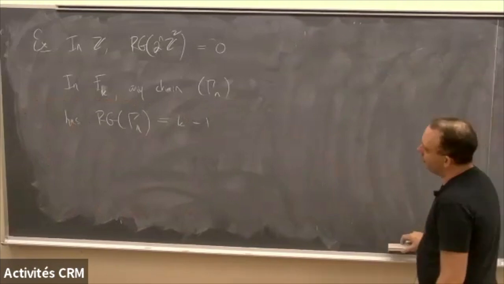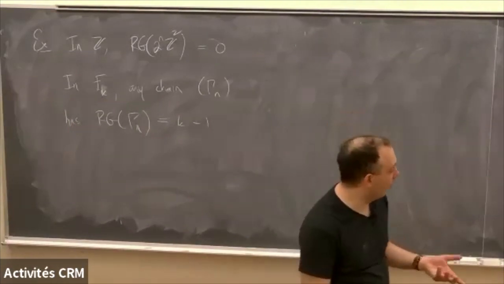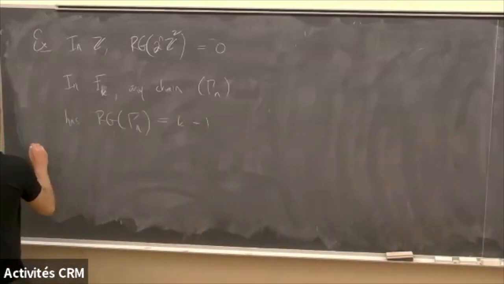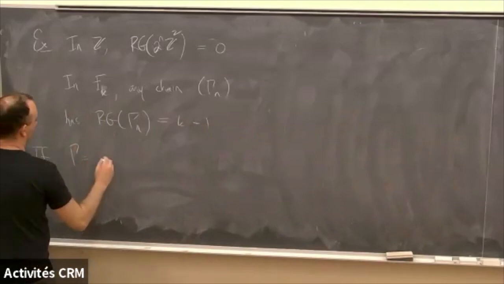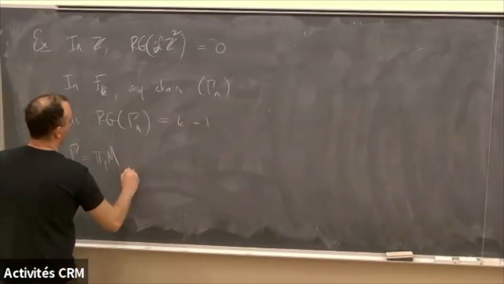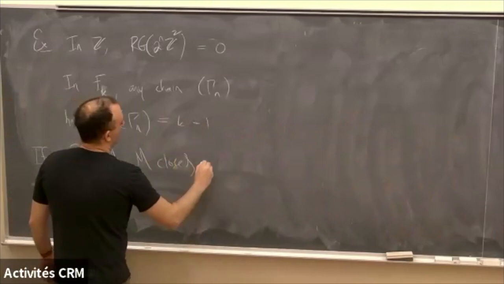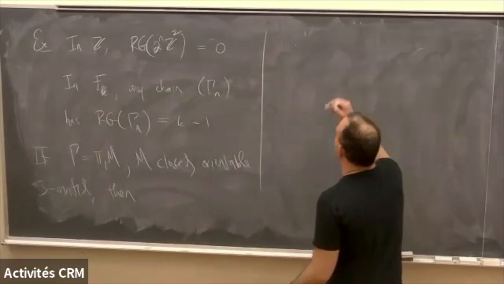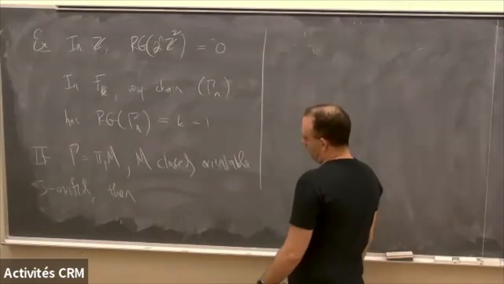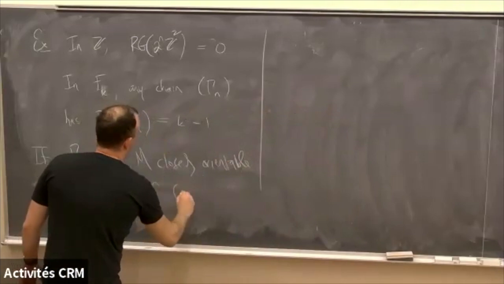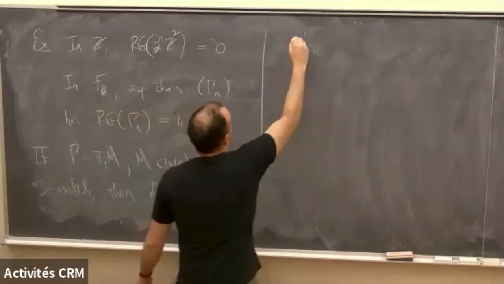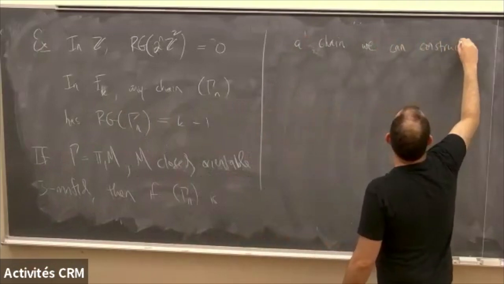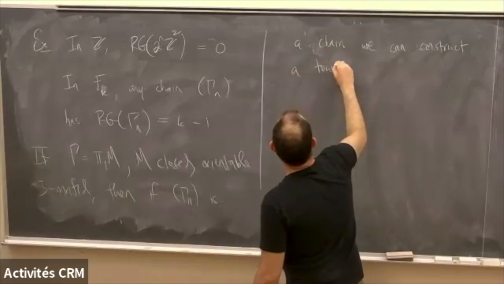And so then, if your Gamma happens to be a 3-manifold group, then you can talk about Heegaard gradient. So if Gamma equals pi_1 of M, M a closed, say orientable, 3-manifold, and Gamma_n is a chain, we can construct a tower of covers.